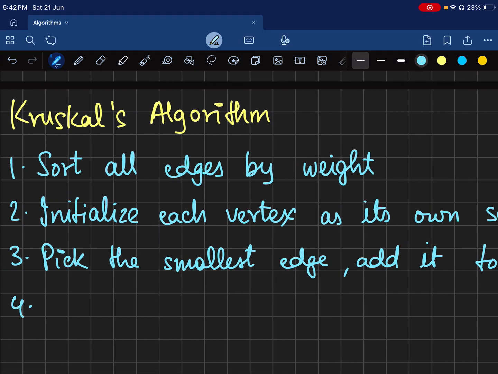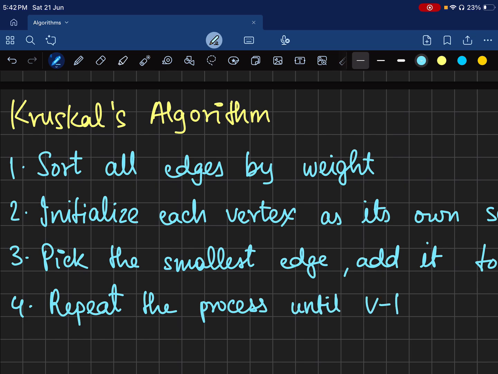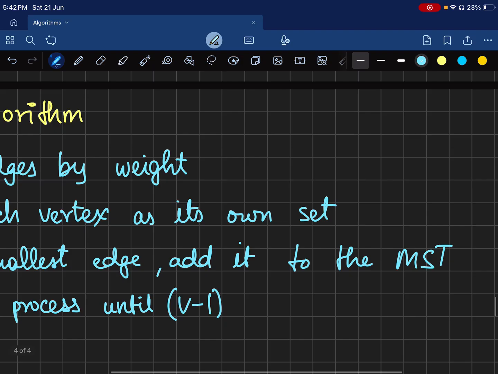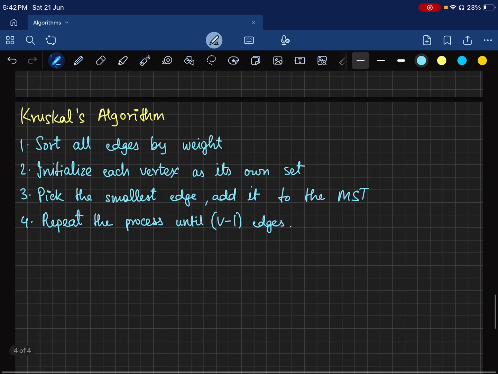And you will repeat the process until we have V minus 1 edges. So that means in Prim's we go point wise, that is vertex wise, but in Kruskal's we go edge wise.